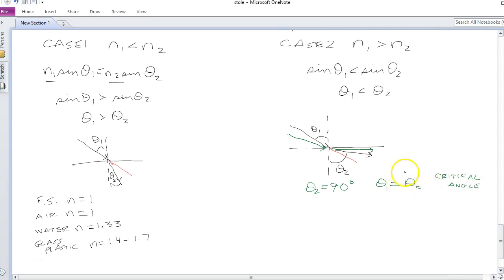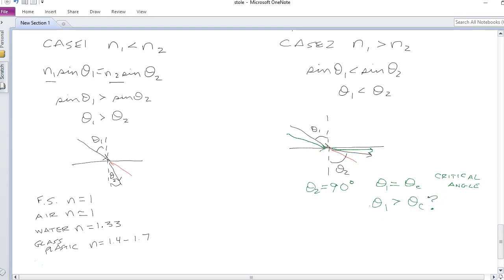So by definition, the critical angle is the angle of incidence when theta 2 is 90 degrees. That's neat, but it gets even neater because now the question is, what if theta 1 is bigger than the critical angle?